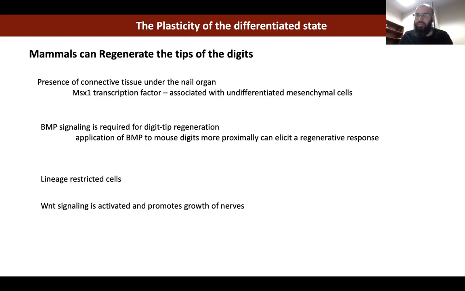But somehow it is encoded in the cells, which keep the memory. For example, we saw that the muscle cells in the blastema, even though they were de-differentiated and then re-differentiated, still kept their memory of being a muscle cell. So they only gave rise to muscle cells.